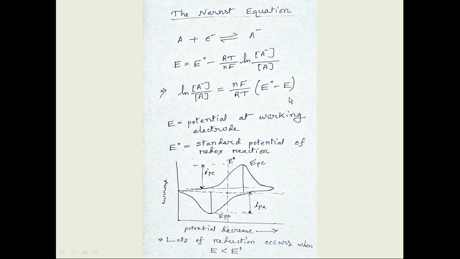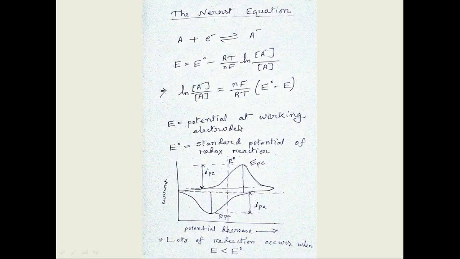This is EPC, the potential at which maximum peak current occurs for reduction. So from here we can conclude that in case of reduction, the potential at which maximum reduction occurs should be less than the standard potential.